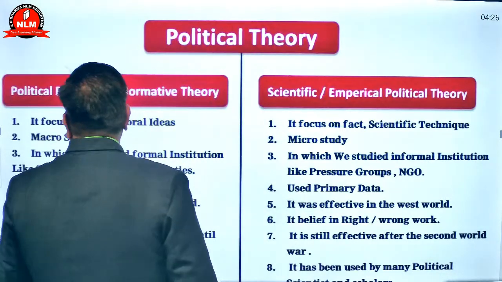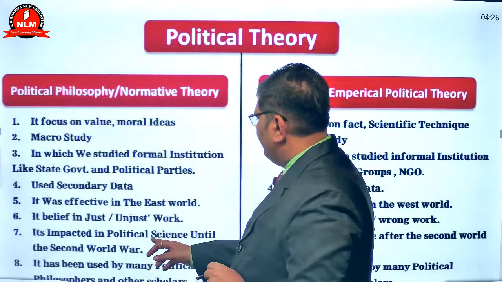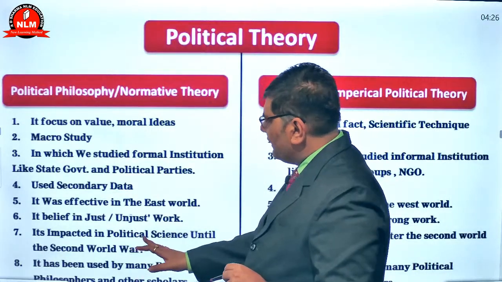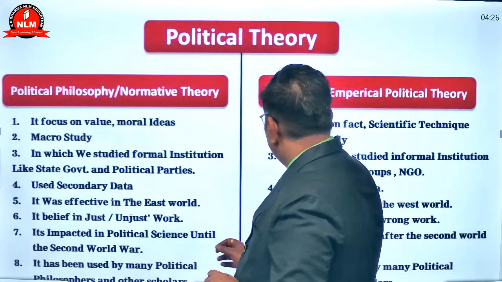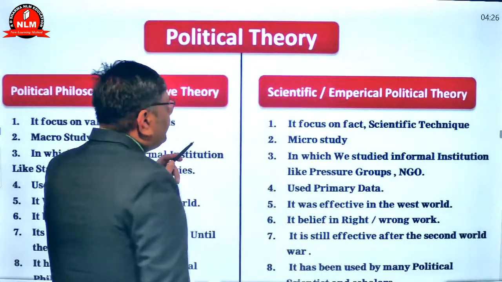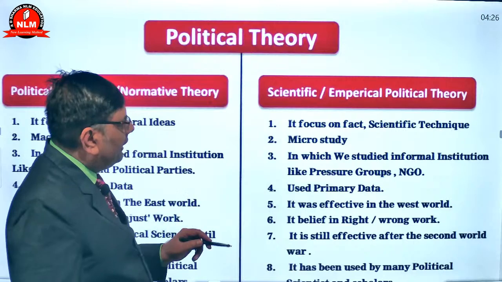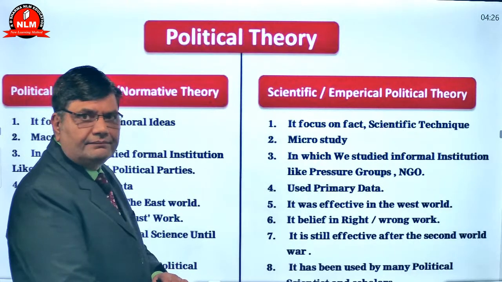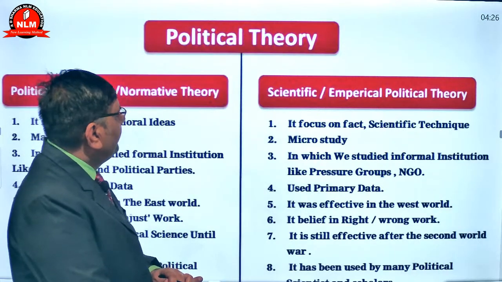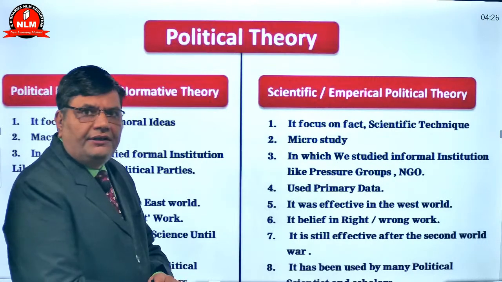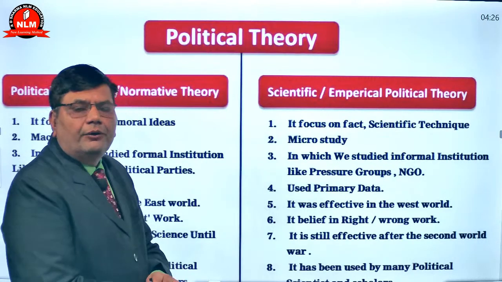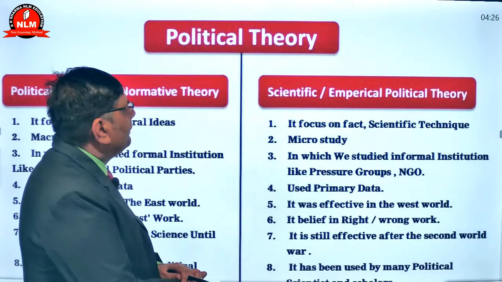The seventh feature of political philosophy is that it had impact in political science until the Second World War. The seventh feature of empirical political theory is that it is still effective after the Second World War. It means empirical political theory is the current theory of political science.